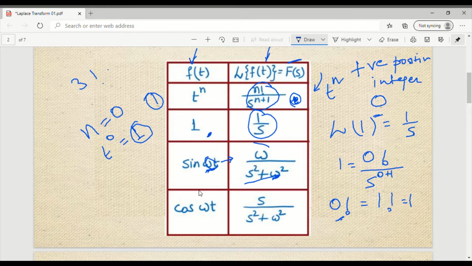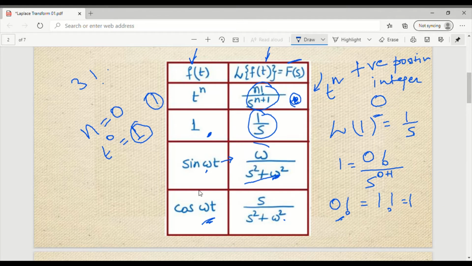Now cos(omega t): you'll see the difference between the sine and cos formulas. For cos(omega t), the Laplace transform is s by s^2 plus omega^2. So the denominator is the same; the only difference is the numerator: omega for sine, with the constant, and s for cos.